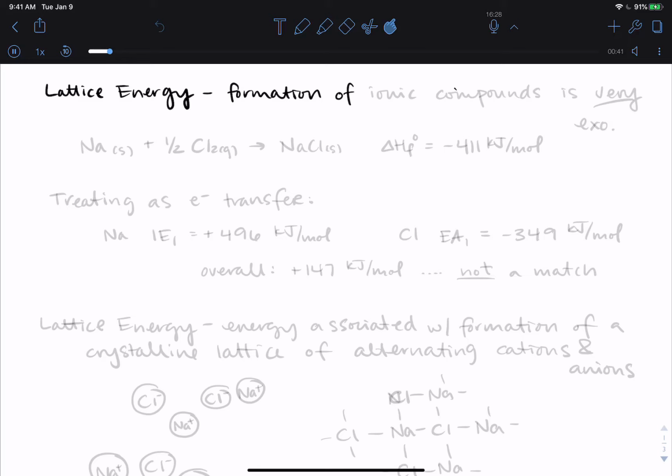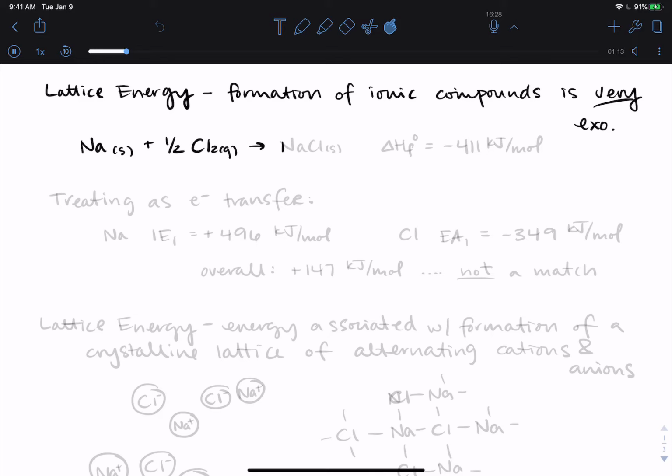Formation of ionic compounds. And I'm going to give you some values, but it's very exothermic. So for example, if we're making sodium chloride, so it's solid sodium, and we have not really done fractions in our reactions so far, but we write it so that it forms exactly 1 mole of sodium chloride.